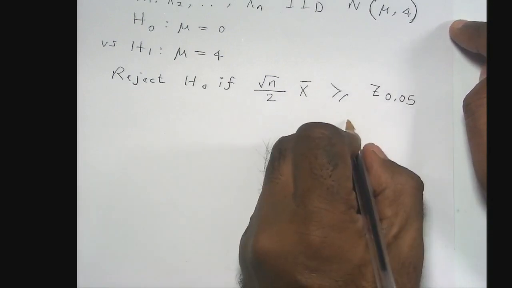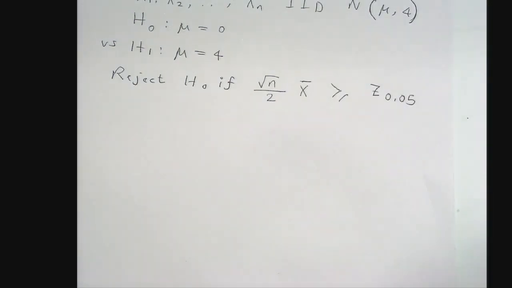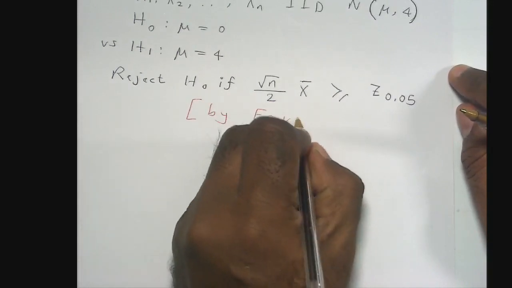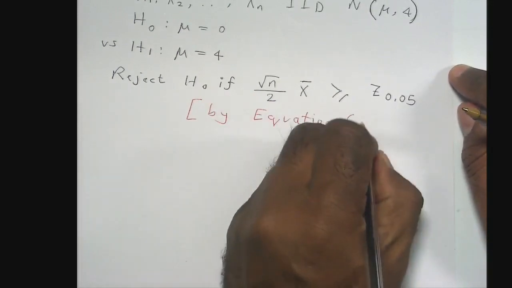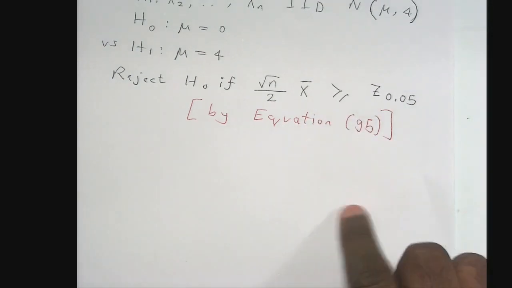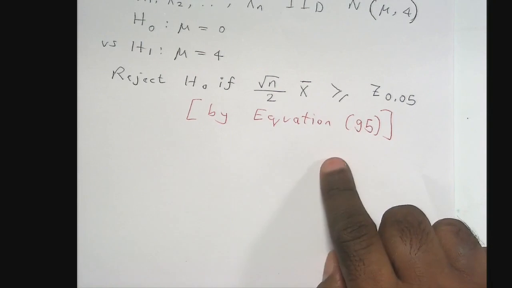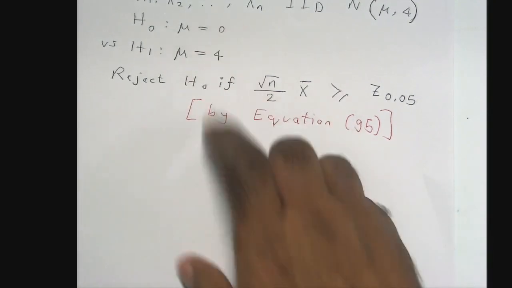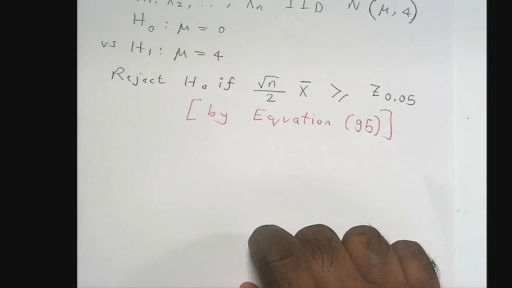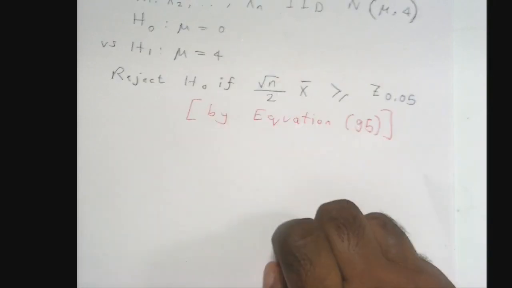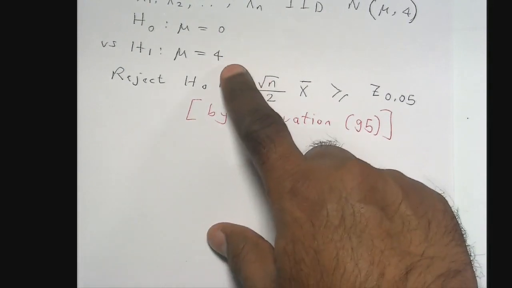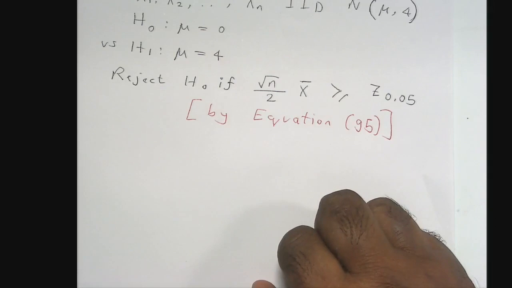This is by equation 9.5 in the lecture notes. Do you see this or not? This equation applies because if you look at the null and the alternative, under the alternative mu is 4, which is greater than 0. Zero is the value under the null hypothesis, 4 is the value under the alternative, so the value under the alternative is greater than under the null.